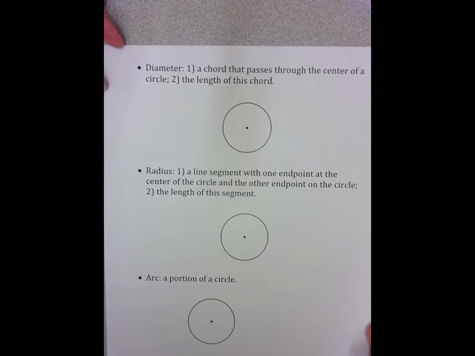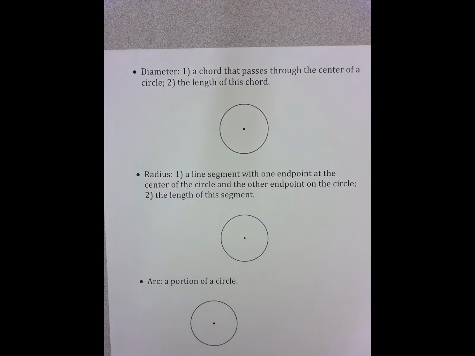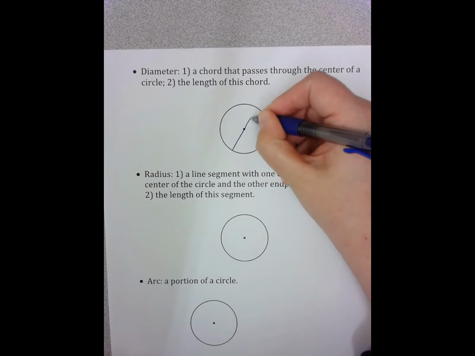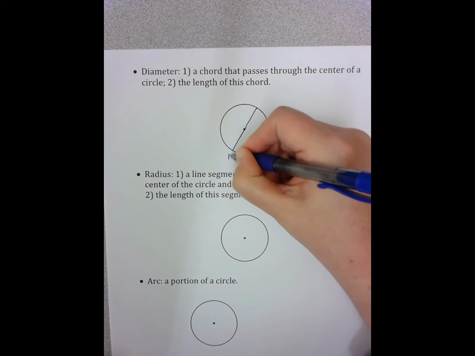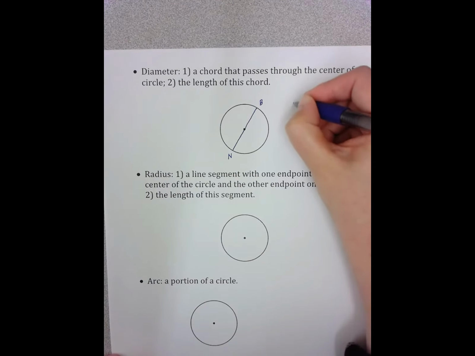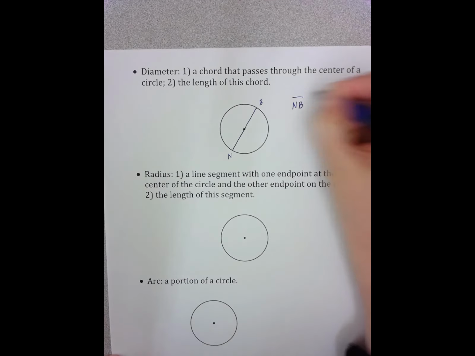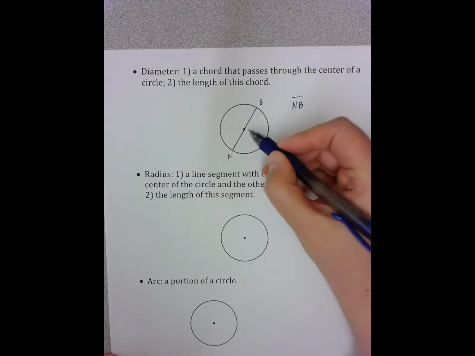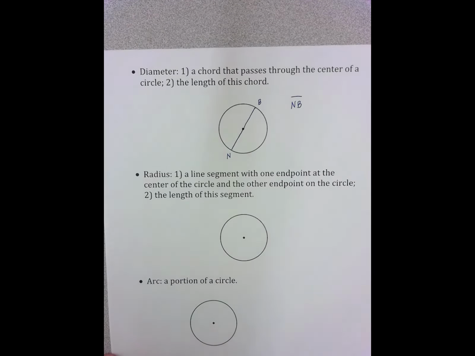Our next definition is for diameter. A diameter is a chord, but it passes through the center. Chord meaning line segment, so a line with no arrows at the end of it, and it passes through the center, which is right here.